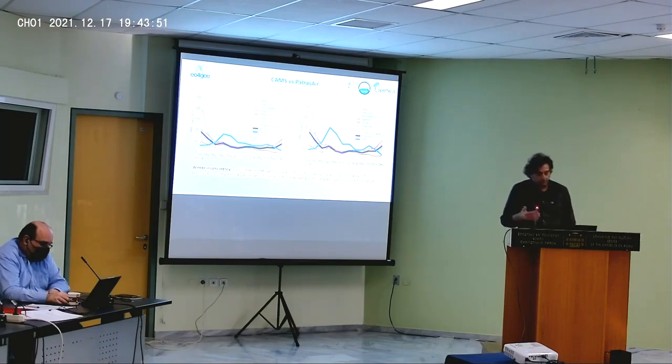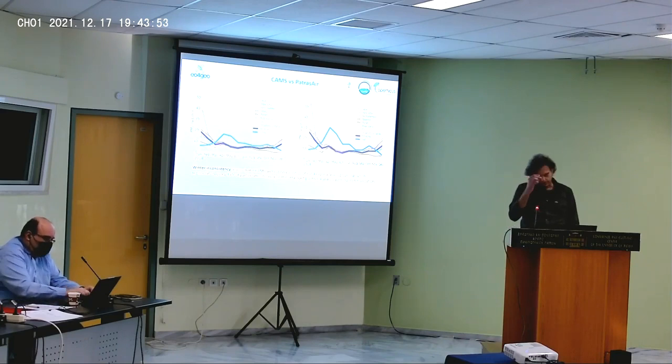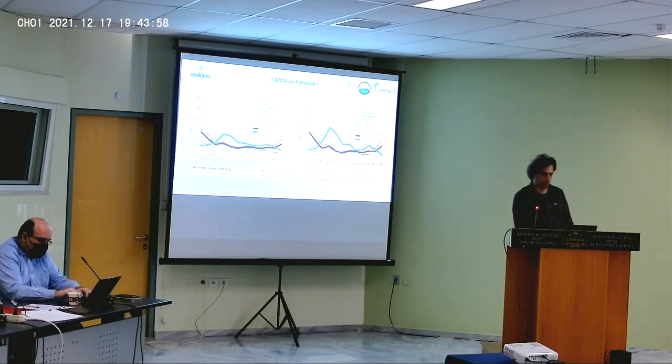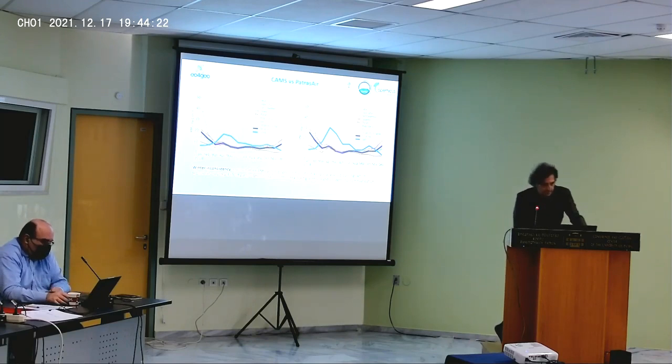Okay, so for winter we know the reason, and of course you can see the very high spread in winter between stations. In the bottom line you can see the rural stations, here the University or Platani, and the ones with very high concentrations are in the center or in the industrial area.